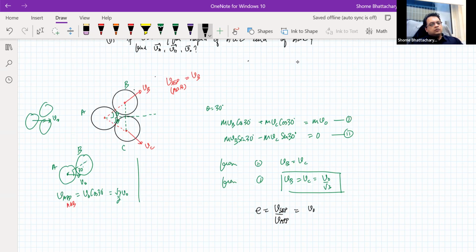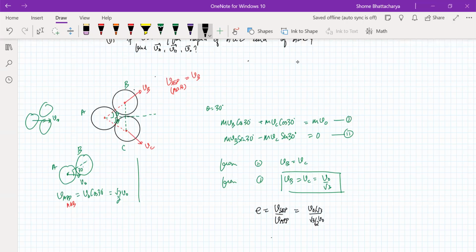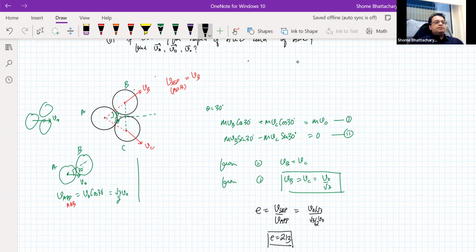Sir, but it's not just the collision of A with one sphere which is bringing it to rest, right? It's the simultaneous impulse.